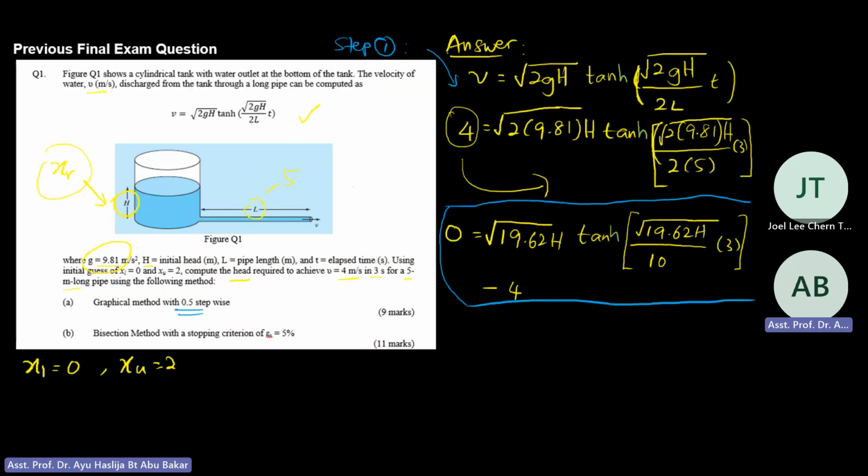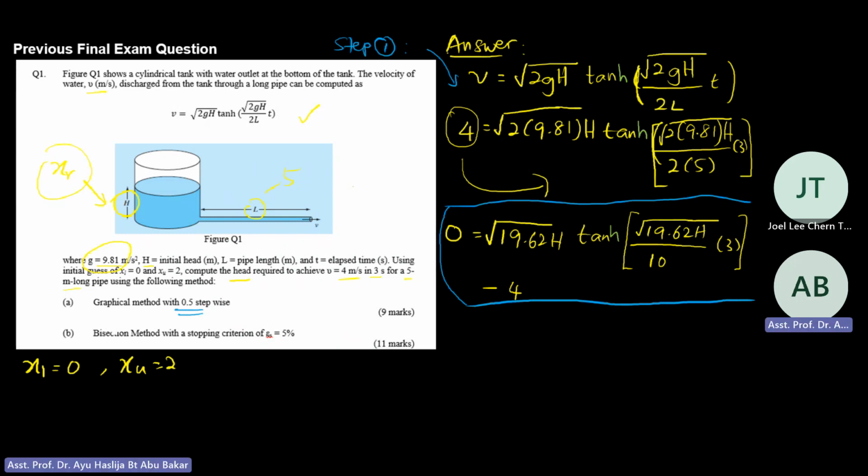Okay, we try to do this exercise again. Last time we did A, graphical. Now we try to do bisection.